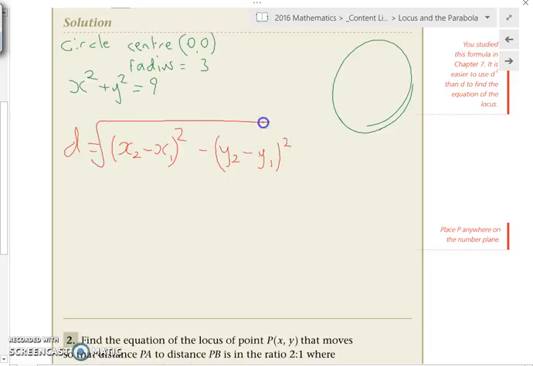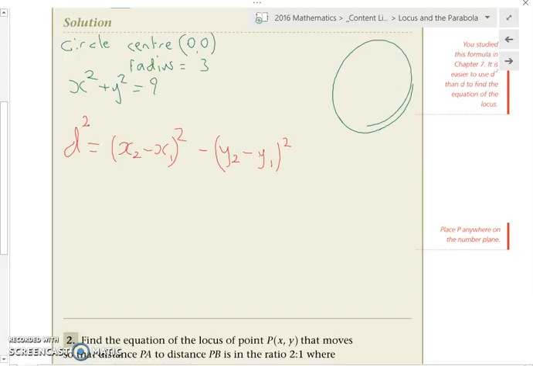Or you could have d squared, depending what you want. Yeah, but it's a distance, so it's basically absolute value. We don't worry about the negative version. Okay, so d squared. So we're happy with that?